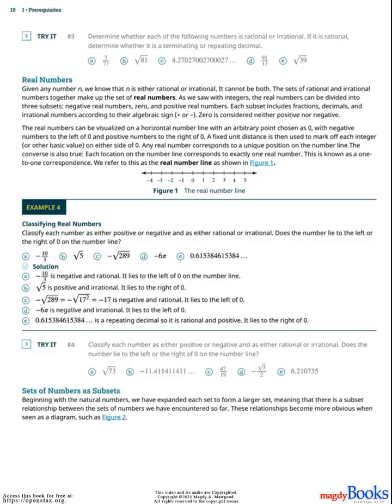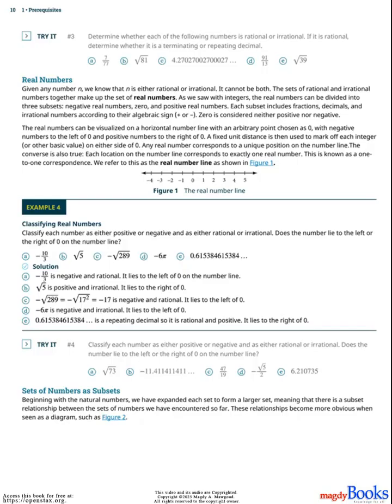Example 4. Classifying real numbers. Classify each number as either positive or negative and as either rational or irrational. Does the number lie to the left or the right of 0 on the number line? A. Negative 10 over 3. B. Square root of 5.